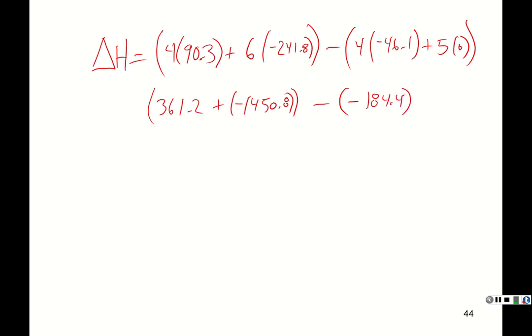So again, a negative of a negative, we're basically adding that. This would be negative 1089.6 minus negative 184.4. When you do that, you should get something like negative 905.2 kilojoules.